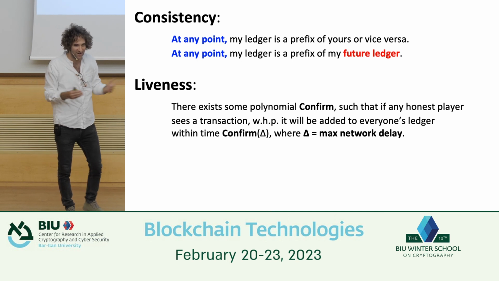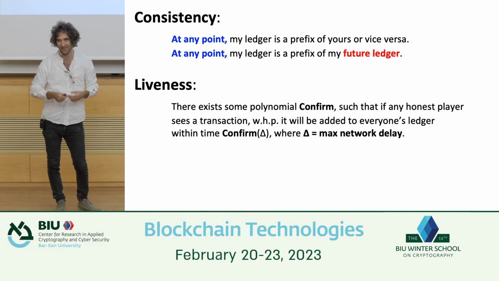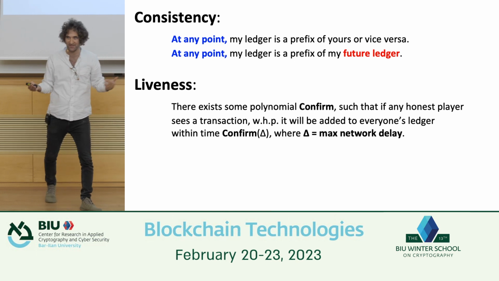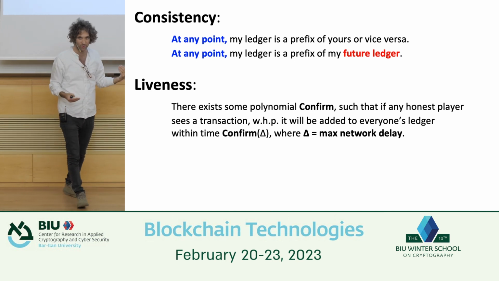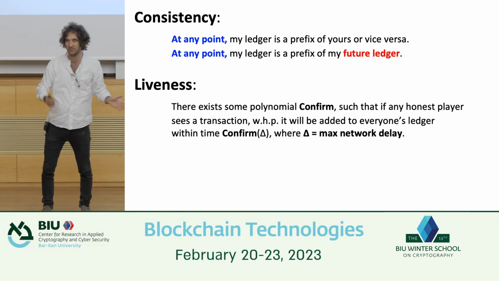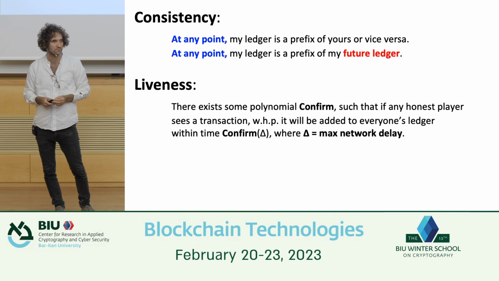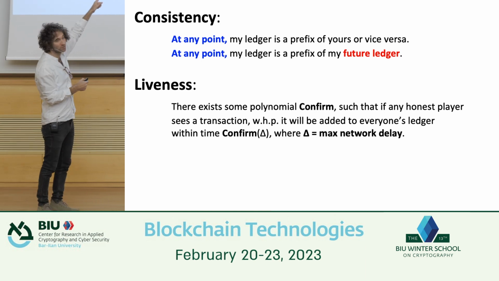If it takes 10 seconds for a message to get delivered to everybody, I can never hope that it gets added before that. So delta is a lower bound of what it takes. But now we require also that it should never take more than some confirm of delta. Okay? And ideally, we want this confirm to be as small as possible.